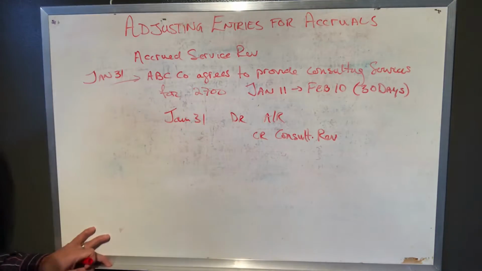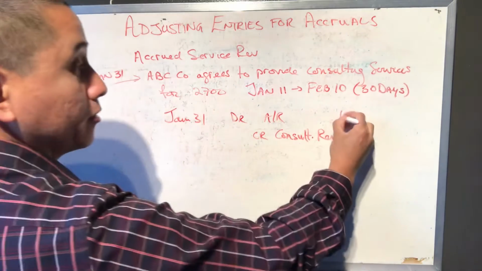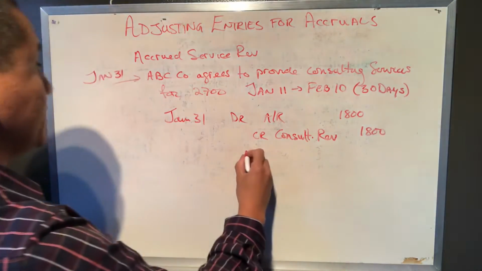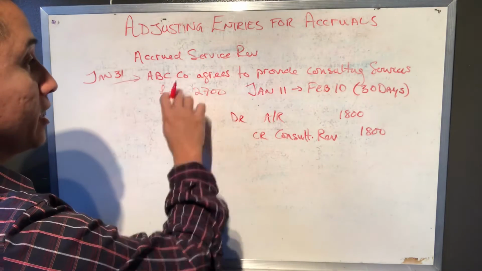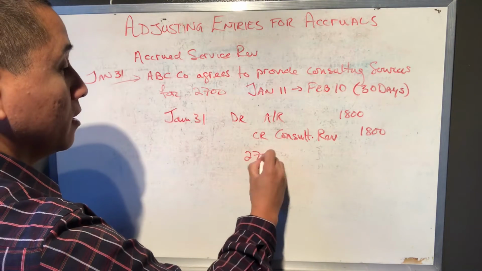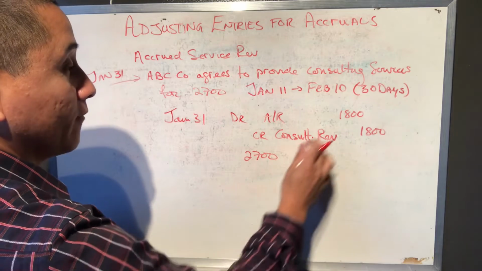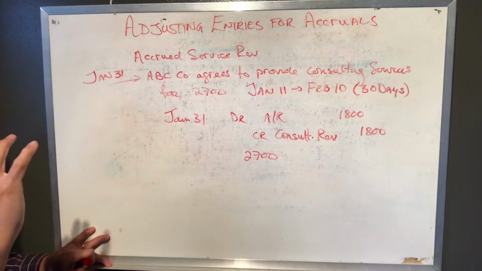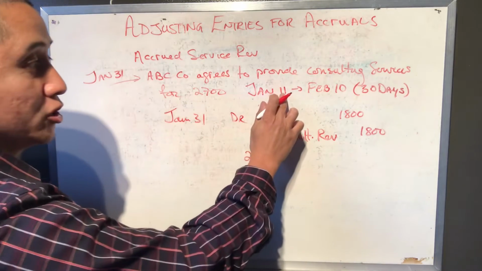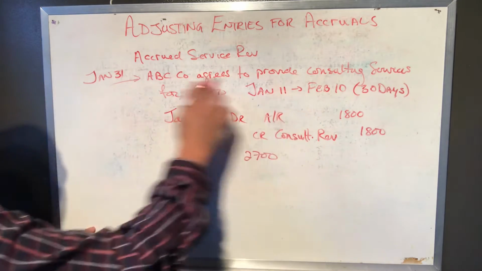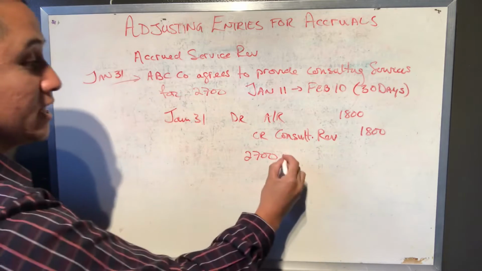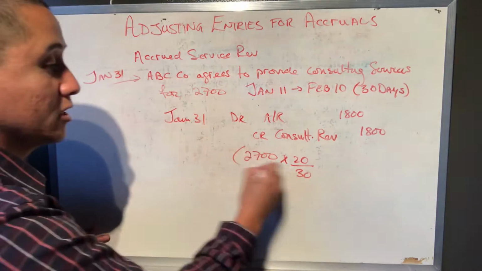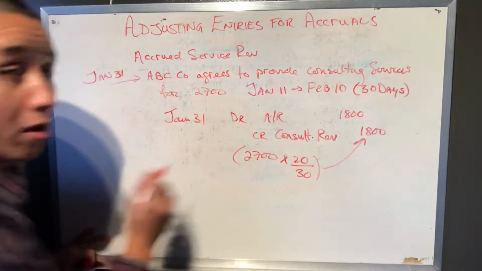And in this case, it would come out to $1,800. How did we arrive at such a figure? Well, we know that the total amount here was $2,700, and if we calculate that over 20 days, from January 11th to January 31st, that's 20 days over the 30 days there. That should give us the $1,800.